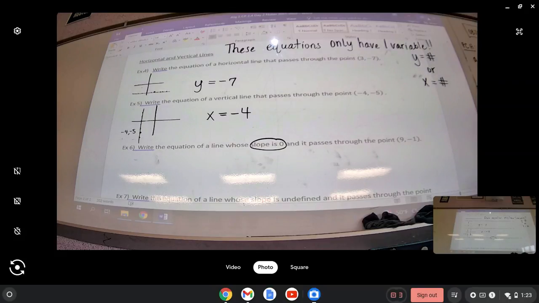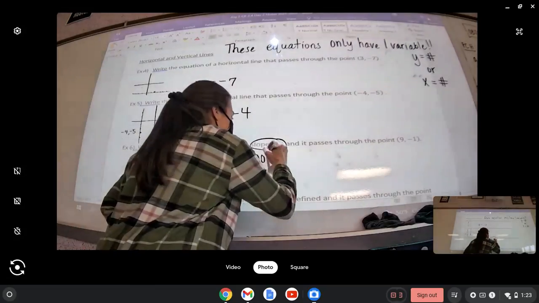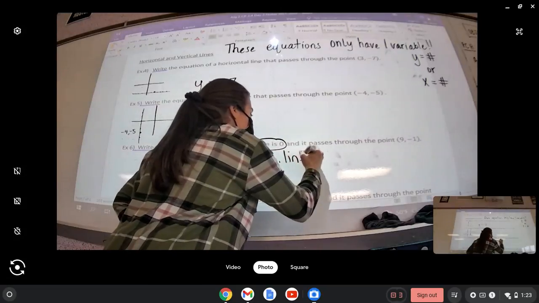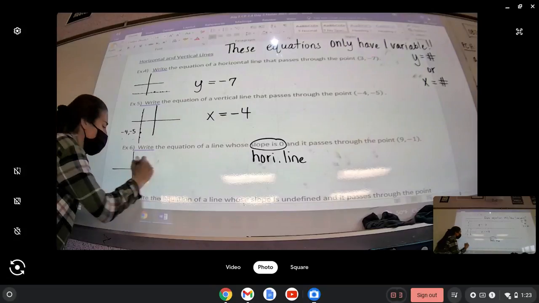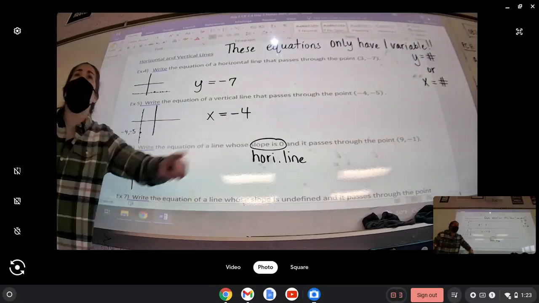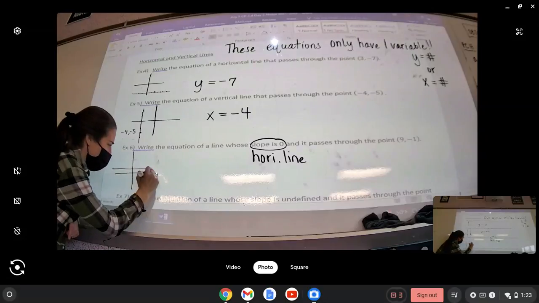We wrote it on the first day of notes: horizontal lines have a slope of 0. They're flat, with 0 rise. They are telling you as a clue that it is a horizontal line. So picture a horizontal line that passes through the point right 9, down 1.